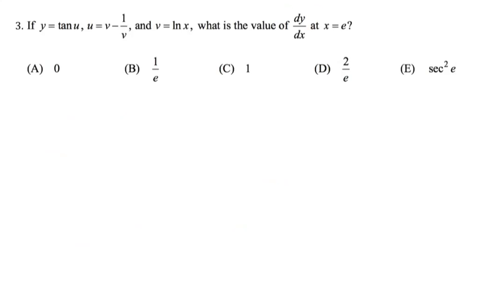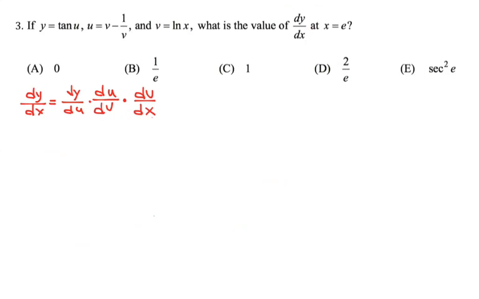Then you can easily see that dy over dx can be expressed as dy over du, multiplied by du over dv, because y was in terms of u, multiplied by dv over dx, because v was in terms of x. So if we finish this one, then we'll be able to get the answer.